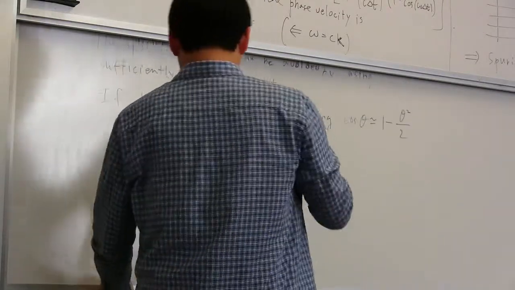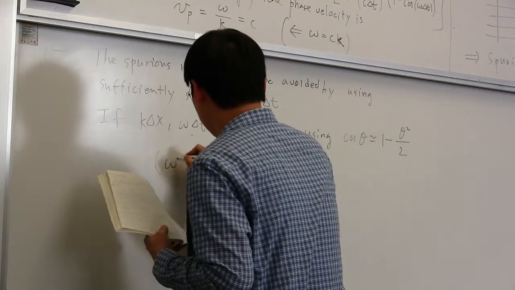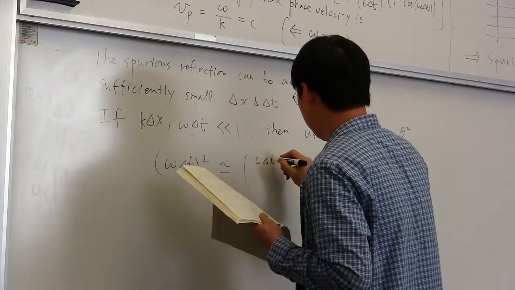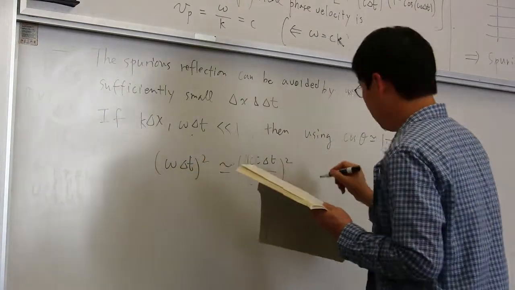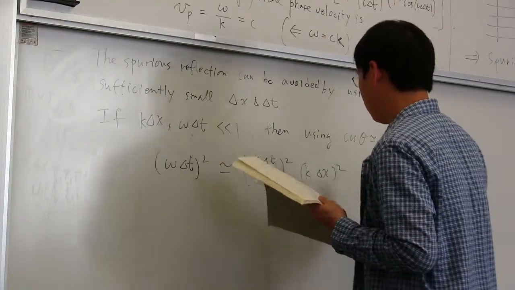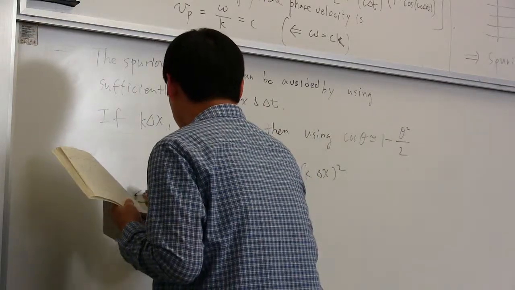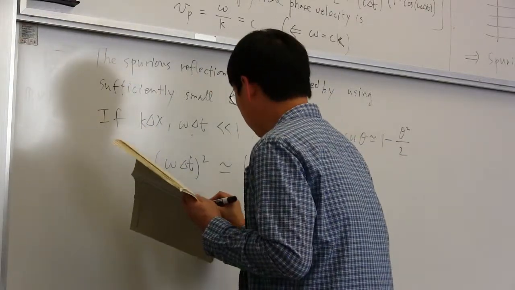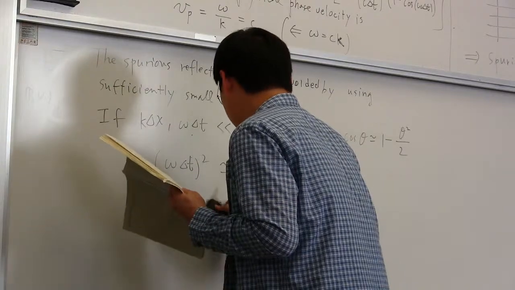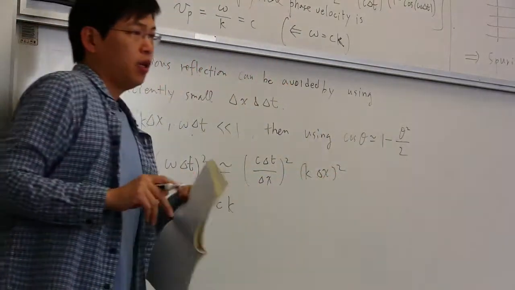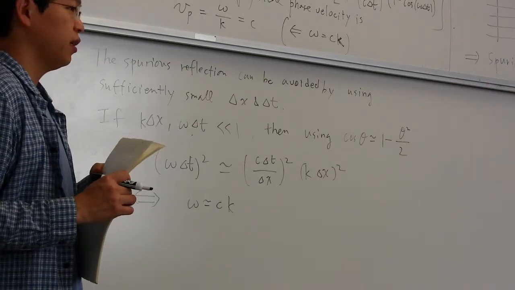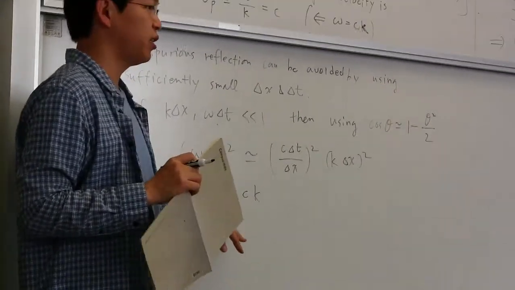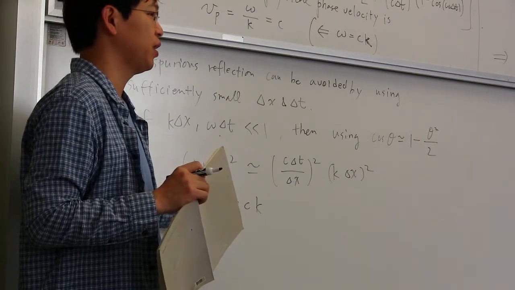Then what you get is omega delta t square is approximately equal to... So if delta x and delta t are quite small, then you recover the physical dispersion relationship.